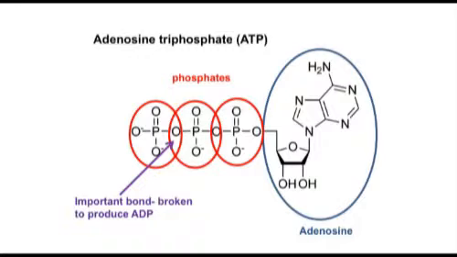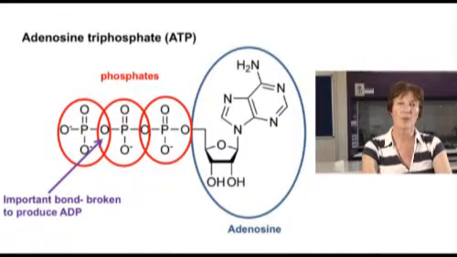It consists of a molecule of adenosine coupled to 3 phosphate groups, hence the name, adenosine triphosphate. The most important part of this molecule is the bond which holds the final phosphate on to the rest of the molecule. For the chemists amongst you, this is known as a phosphoanhydride bond.